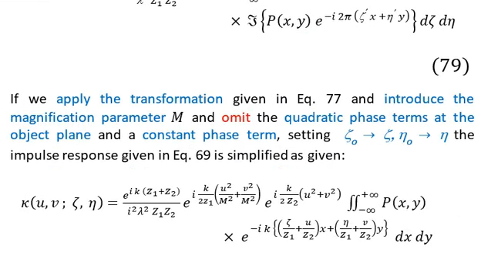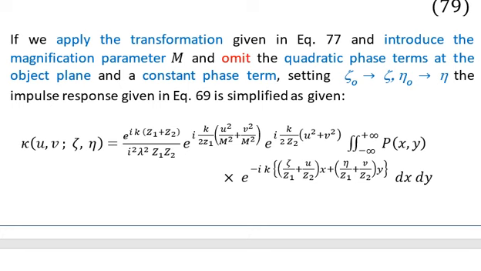Okay, if we apply the transformation given in equation number 77 and introduce the magnification parameter m, and omit the quadratic phase terms at the object plane and a constant phase term also, and replace zeta naught by zeta and eta naught by eta, the impulse response given in equation number 69 is simplified as given.